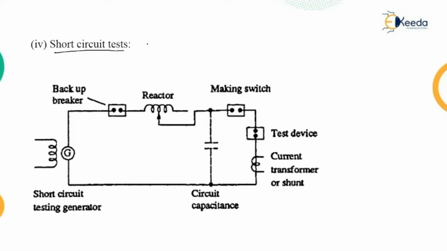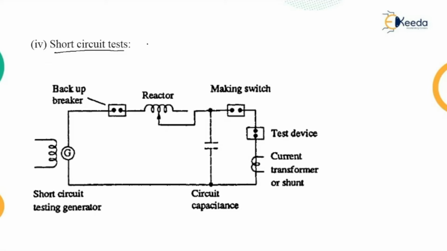We know the meaning of making and breaking capacity of a circuit breaker. It means the capacity of the circuit breaker during the breaking of the circuit and its capacity during the making of the circuit. There is a need to put the circuit online, which is done by making the connection of the circuit breaker.